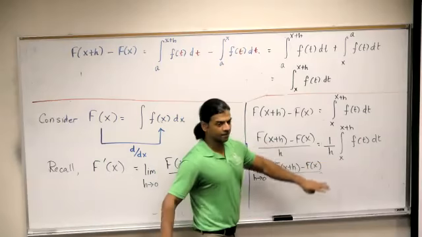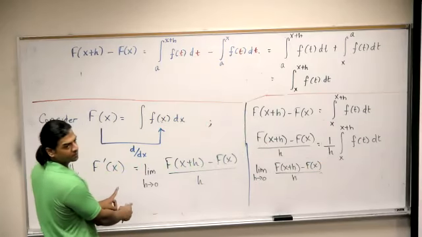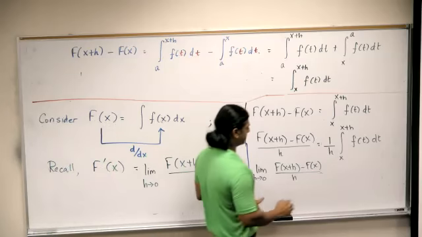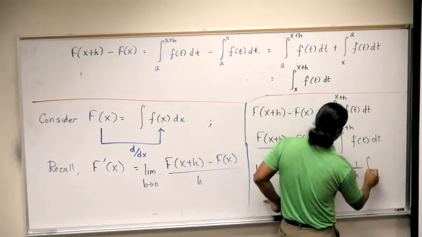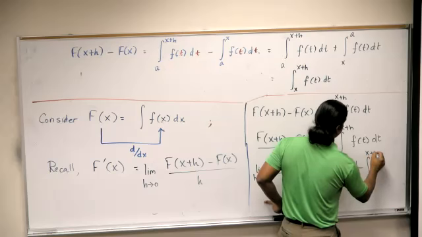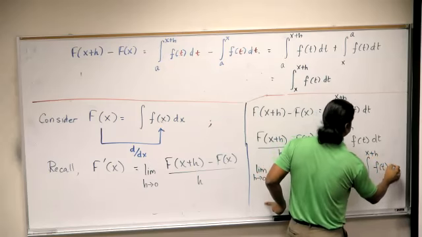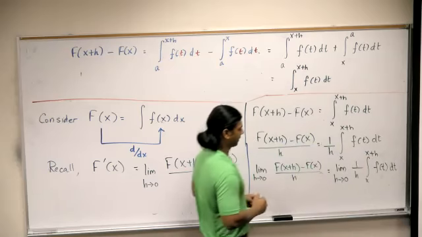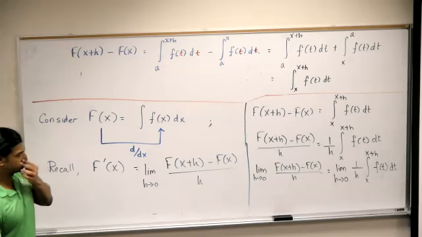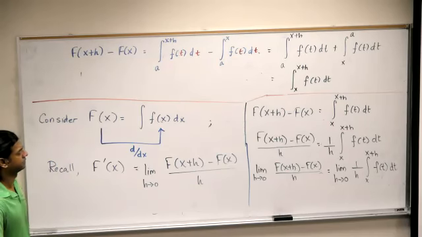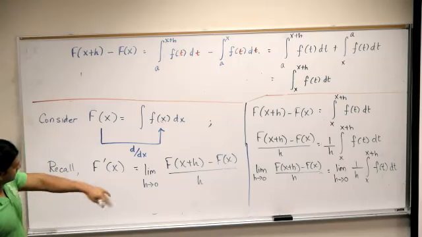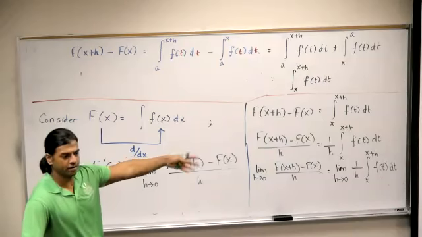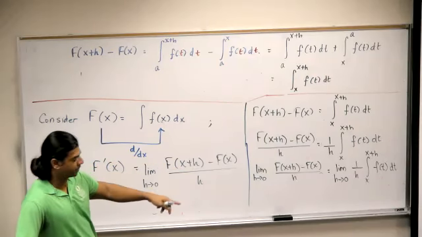It's just that I'm trying to come up with this expression on the left-hand side. So the right-hand side will simply become F prime of x, uppercase F prime of x.